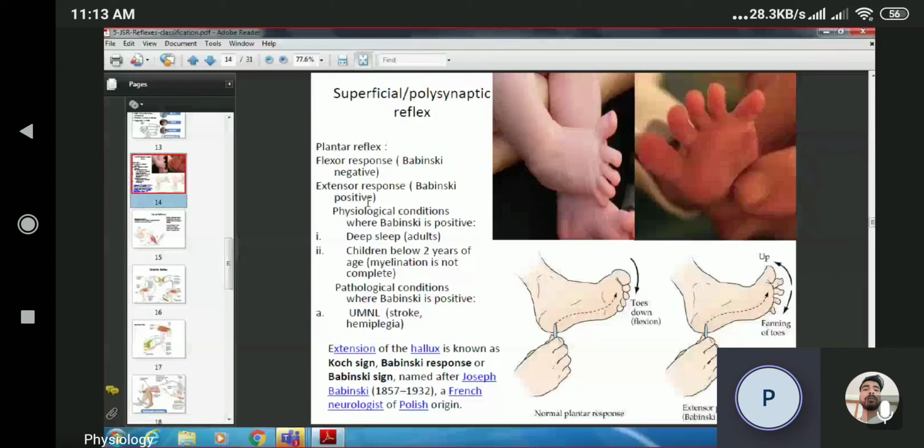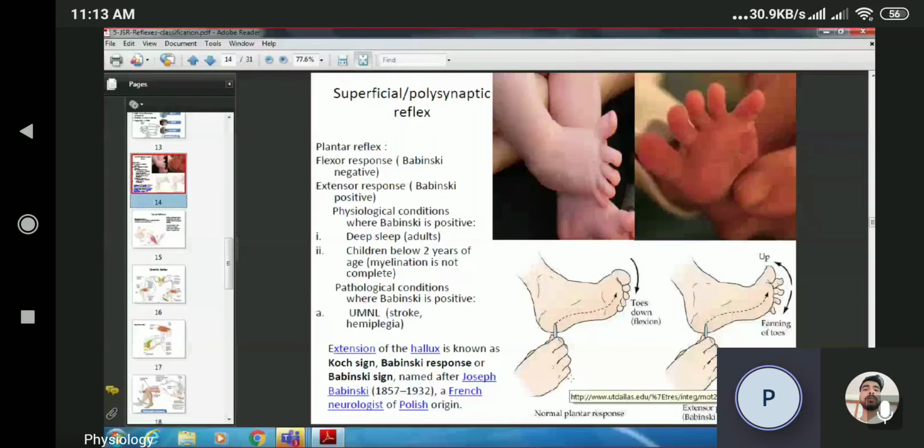In children who are less than 2 years of age, okay, not only infants, even children who are more than 1 year but less than 2 years, in them the pyramidal tracts are not well developed. Okay, so when we strike here, when we put our fingers here, then there is dorsiflexion of the greater toe and fanning out of other toes. See here, there is dorsiflexion of the greater toe and fanning out of other toes. This is known as Babinski sign positive, that is extensor response.